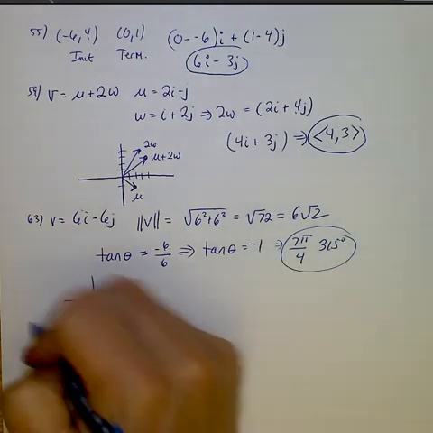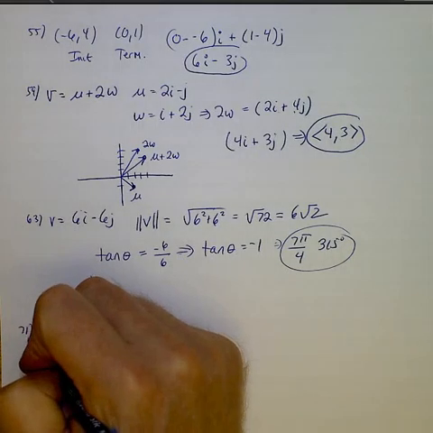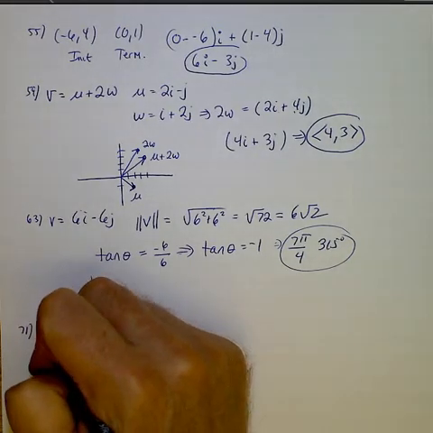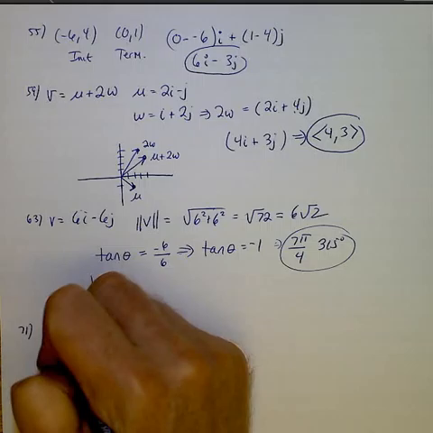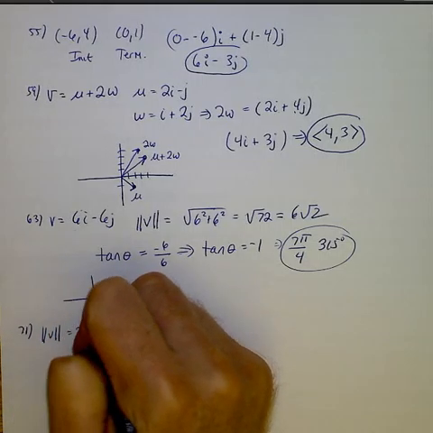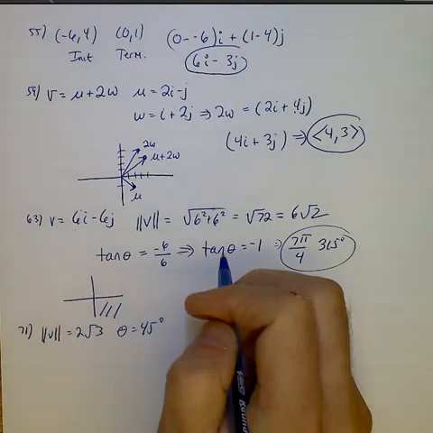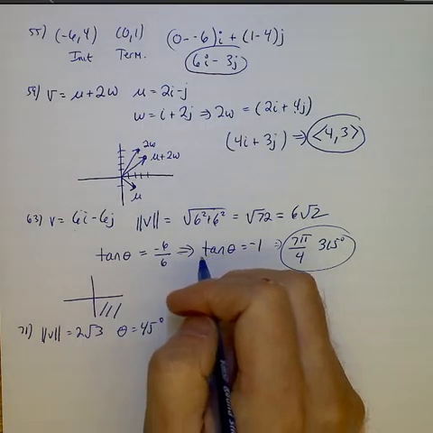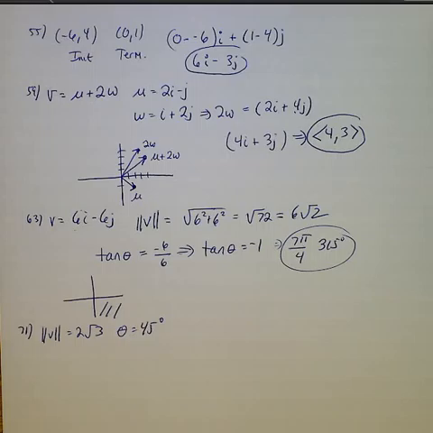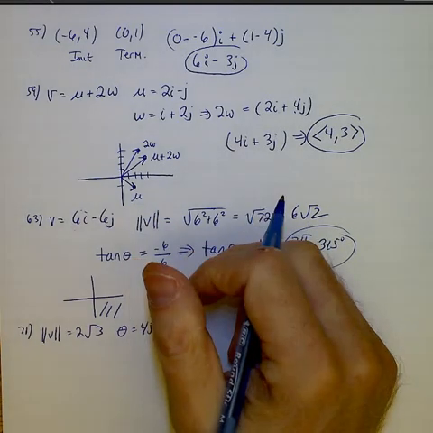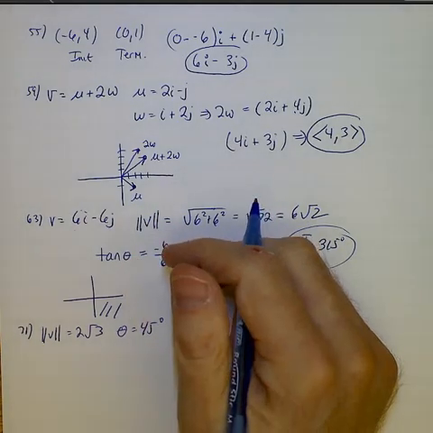Alright, let's try number 71. In 71, you're given the magnitude of a vector v as 2 root 3, and the angle theta is 45. And what they're asking you to do is to find the component form of v, and so it makes an angle with positive x.